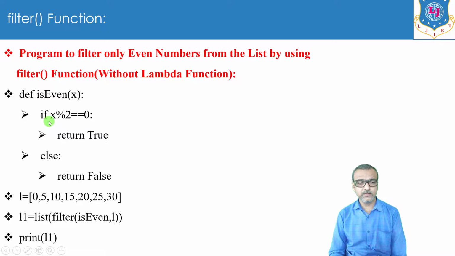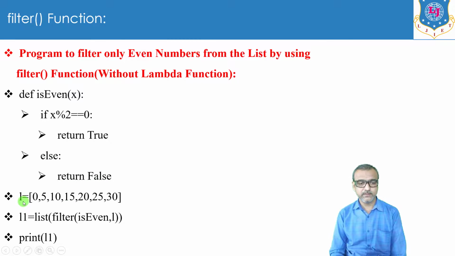Now in the body of the function we have this if else statement. If x modulo division 2 equals to 0, it will give us remainder, and we are checking whether if we divide x by 2, we are getting remainder as 0 or not. If yes, it will return true, else it will return false.